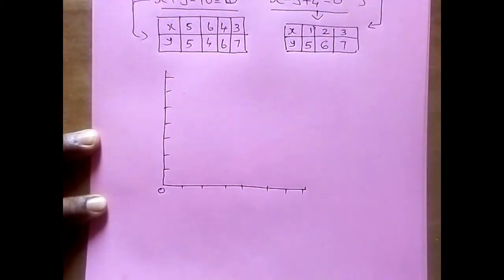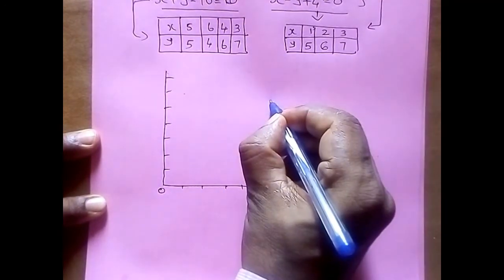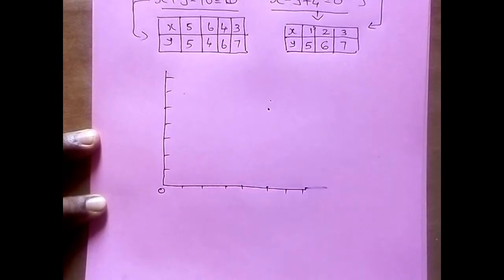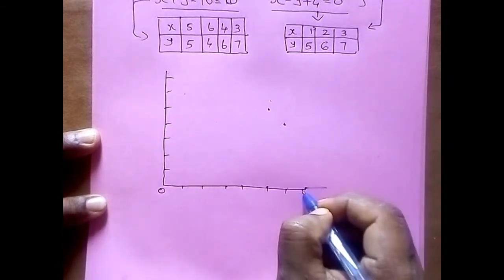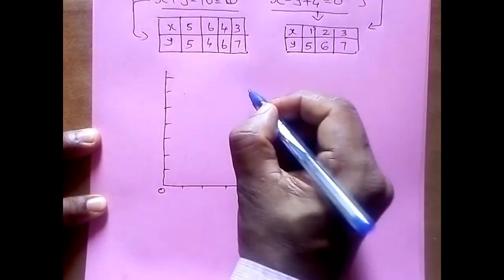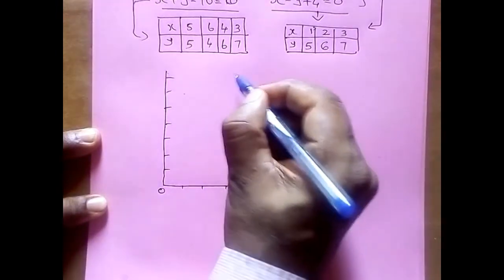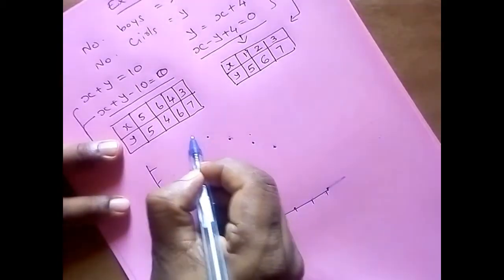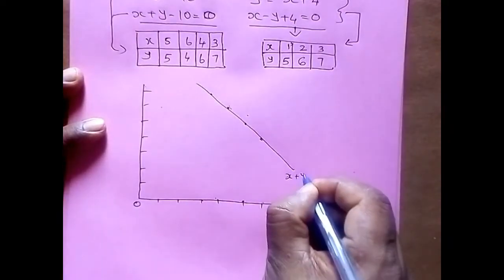First one, x plus y is equal to 10: the points are 5 and 5, 6 and 4, 4 and 6, and 3 and 7 here. So we have this line for x plus y equal to 10.